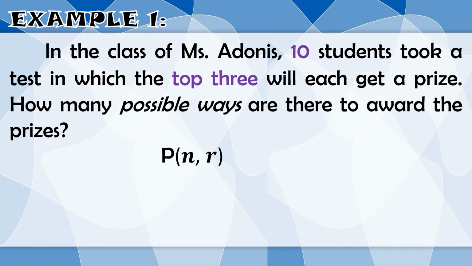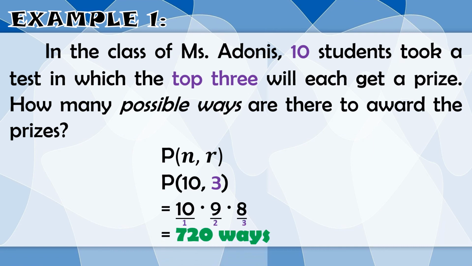And then we substitute the values of n and r. Again, n is 10, and the value of r is 3. Again, the value of n is always greater than the value of r. And then we simplify. It will become 10 multiplied by 9 multiplied by 8. So we have here 720 ways.